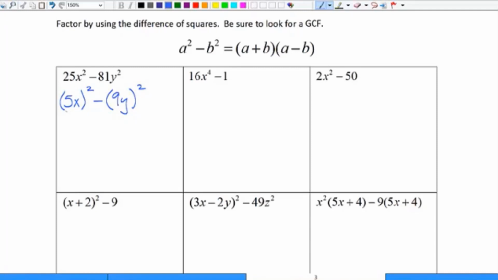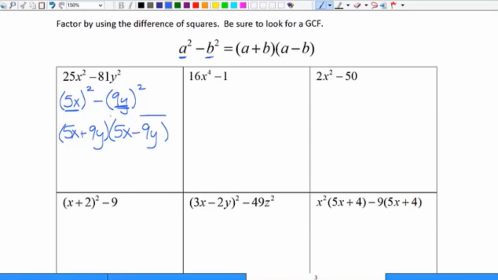So now the 5x is kind of like my a being squared. My 9y is kind of like my b being squared. And my formula says a plus b and a minus b, which means the 5x goes in the fronts of both my parentheses. The 9y goes in the backs of both my parentheses. And my signs are just one of each.